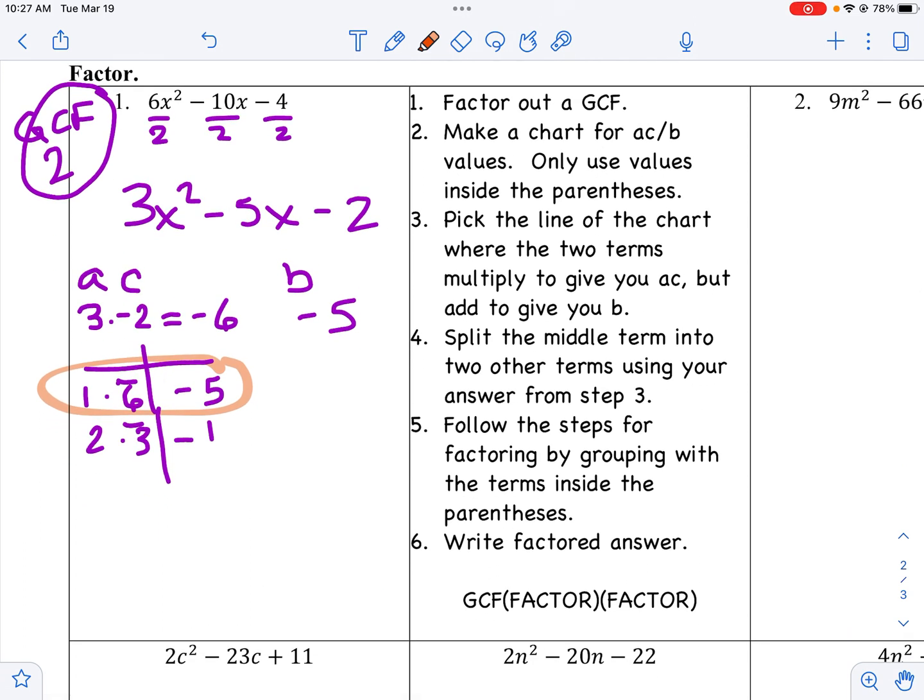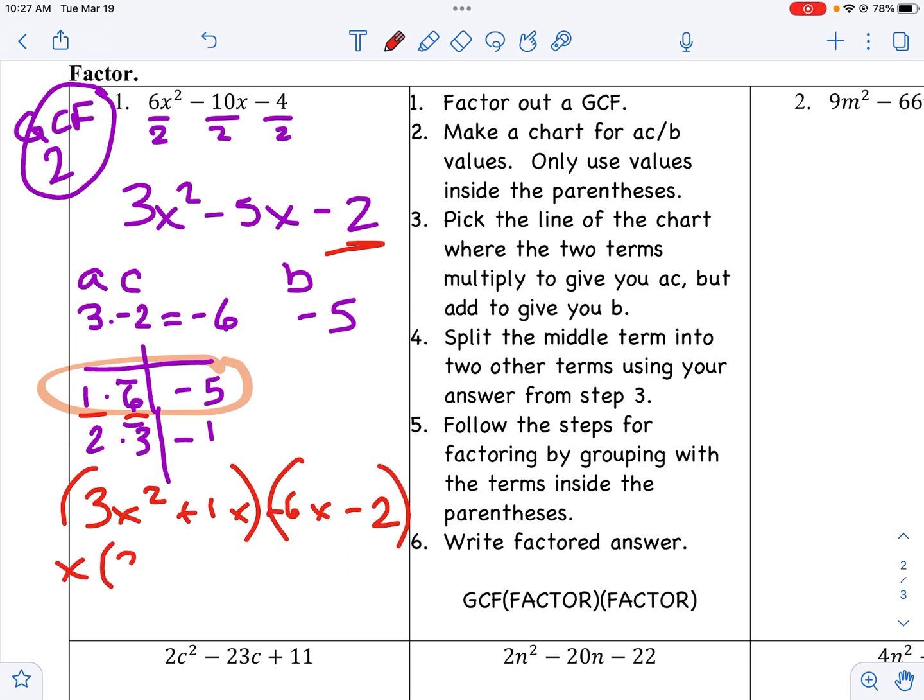Okay, with that being said, I'm going to show both ways if I have room. So I start with my 3x squared. I'm going to use both of these, so plus 1x and minus 6x and minus, up here we have a minus 2. So again, I'm going to see what they have in common. So this first set has an x in common. So I have 3x plus 1 left.